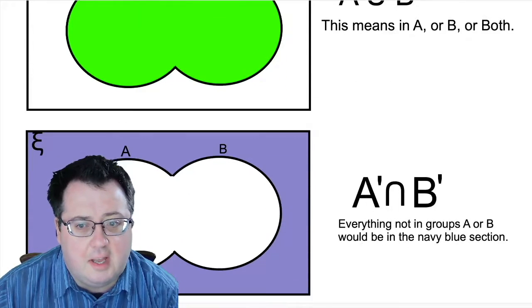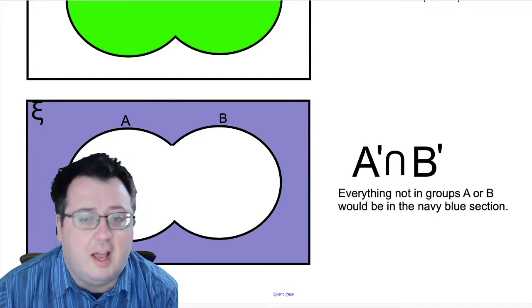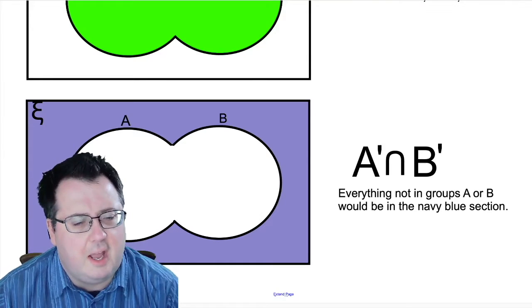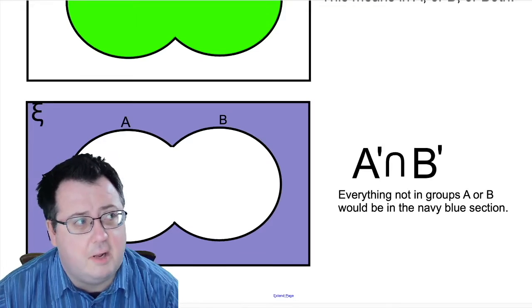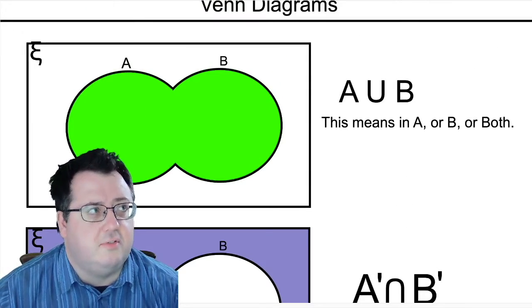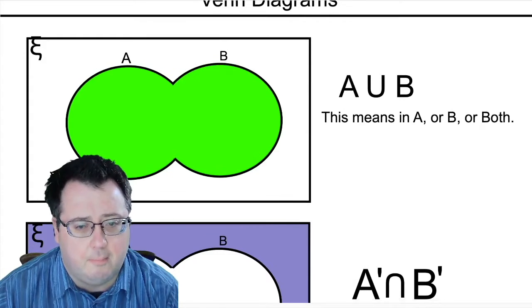And then A not intersection B not is going to be anywhere outside of A or B. So it's in many ways the opposite diagram to this first one, but you do need to know what A union B means, and it's anything inside A or B or both.